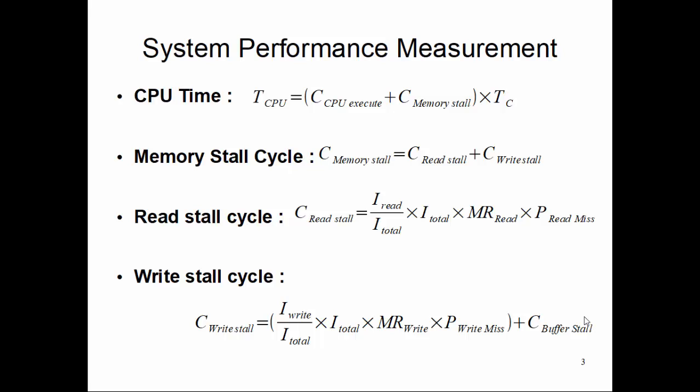But at the end of the day, you need to compute this number of cycles spent as a buffer stall. And the rest is the percentage of write instructions multiplied by the total number of instructions, multiplied by the miss rate of the write, multiplied by the penalty involved in the write miss, and that gives you the number of cycles for the write stall.